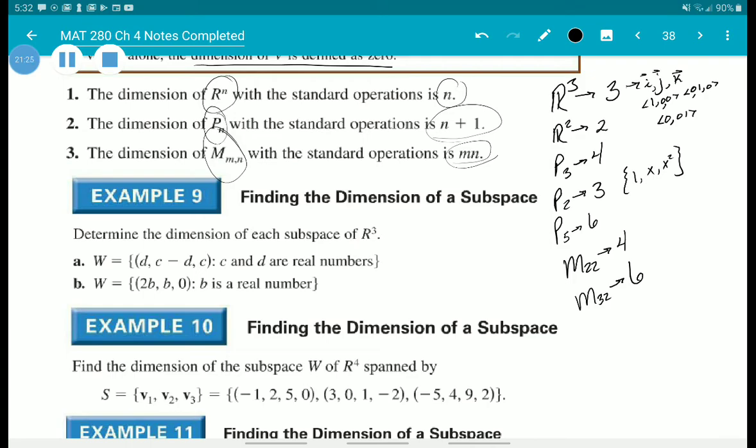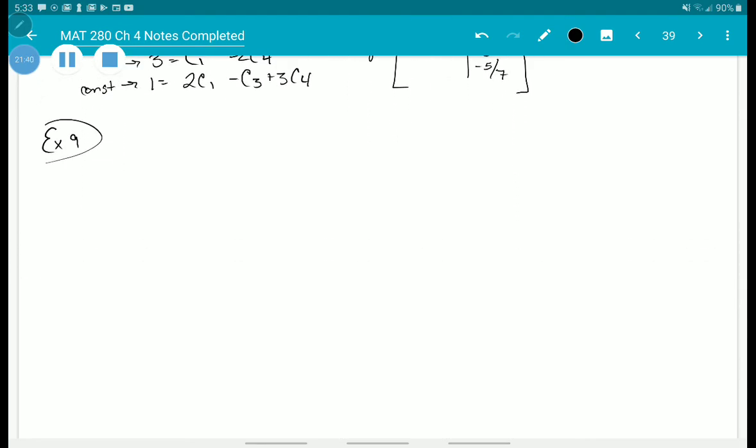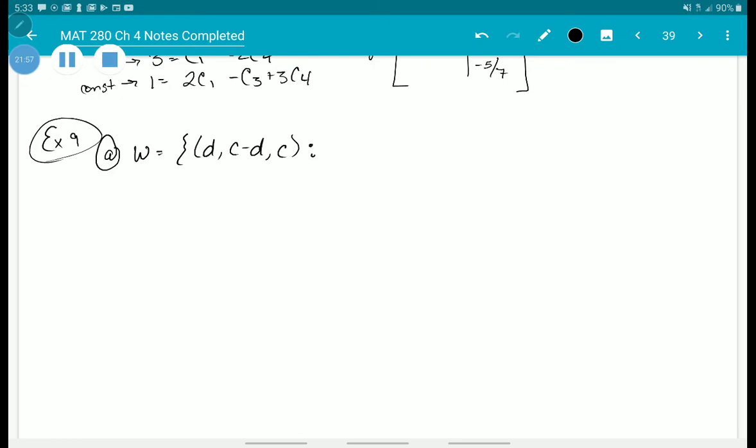So here's the way I like to think about these. We want to think about this subspace where we have vectors that can be written in this form. And C and D are real numbers. So that's what our sets look like here.